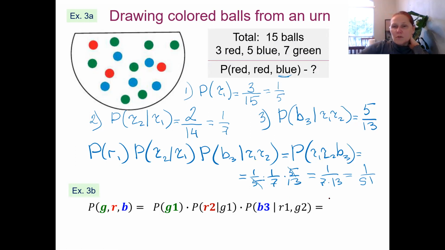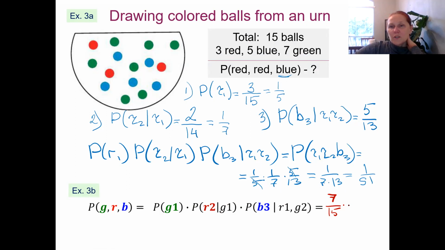So the probability of first green will be over 15. There are seven greens, so 7 over 15. Probability of getting red when the first was green.